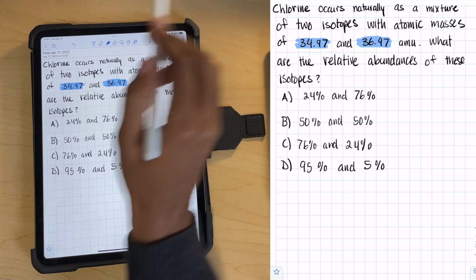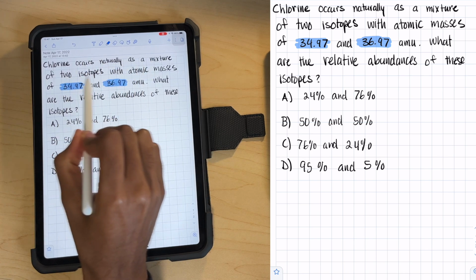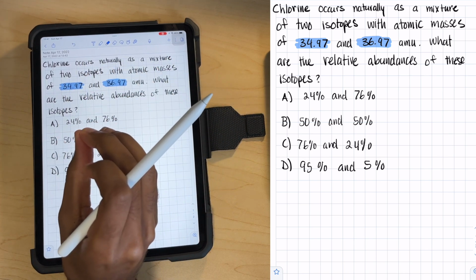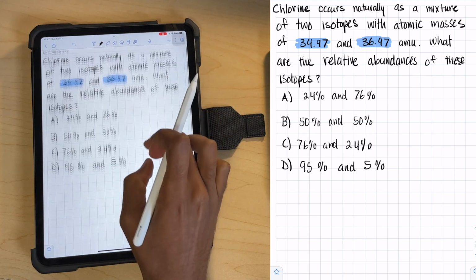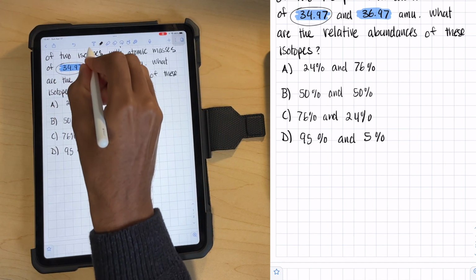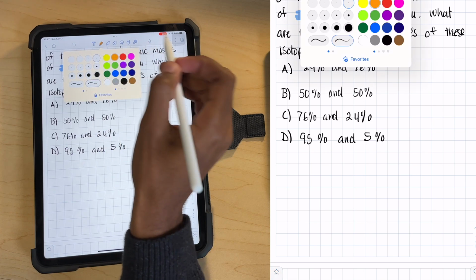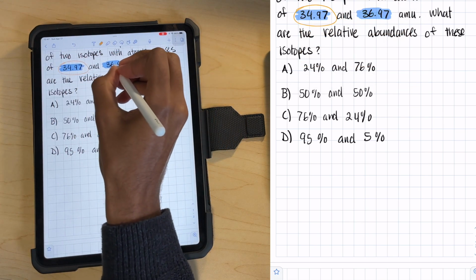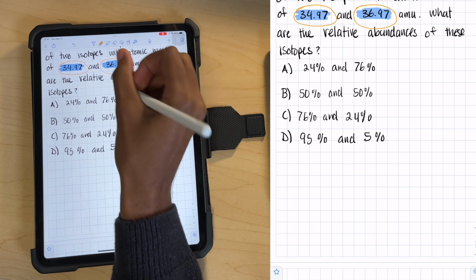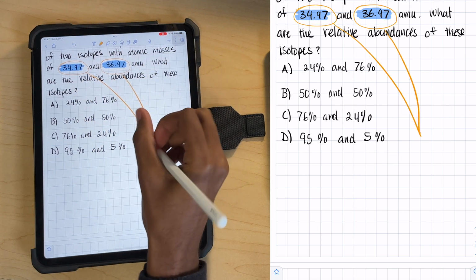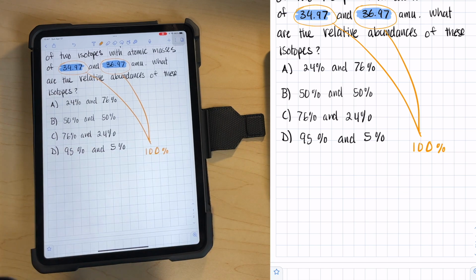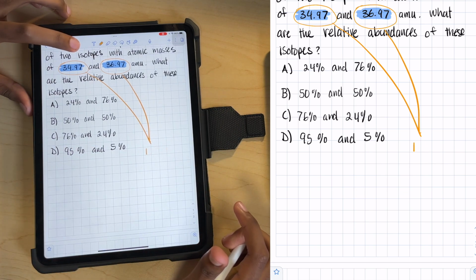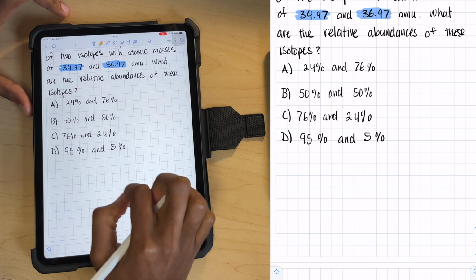Chlorine occurs naturally as a mixture of two isotopes, so if you put these two isotopes together, this percentage and this percentage should both equal 100%, which is what chlorine is. So let's get that all situated.